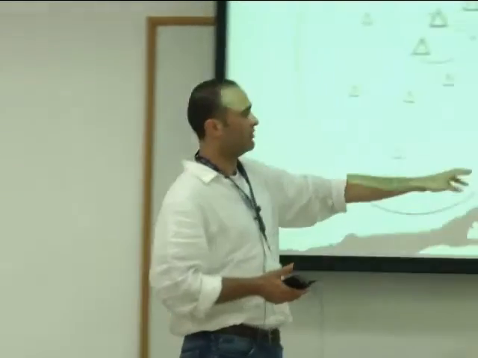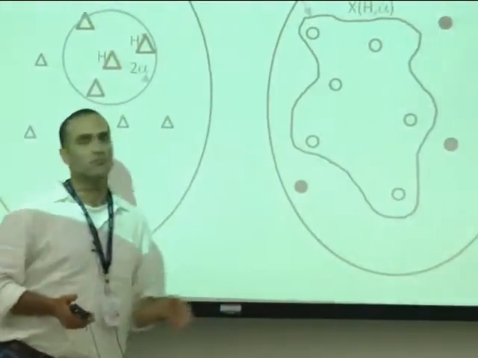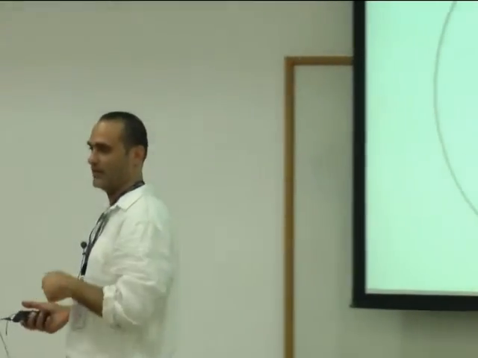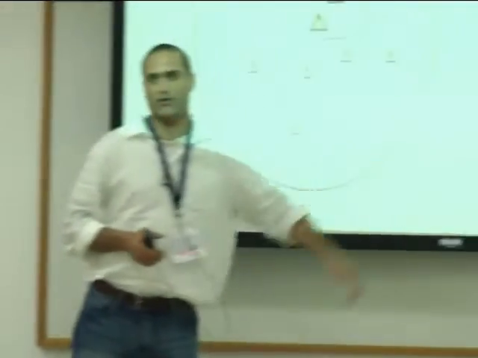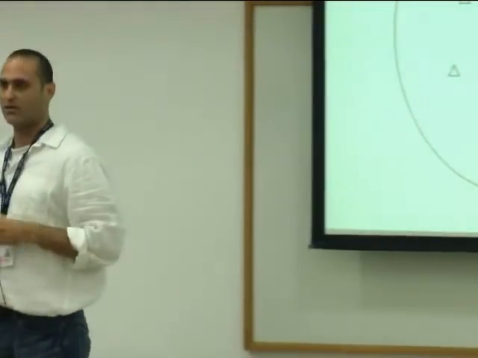On the other hand, all these solutions agree on the value of these instances, so they're outside the set X of H and alpha. I don't care about them. No need to query them. This region of points on which the version space is not unanimous is called the disagreement region. It has a name, and it's a great name.